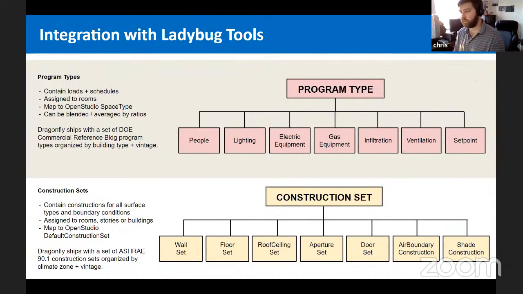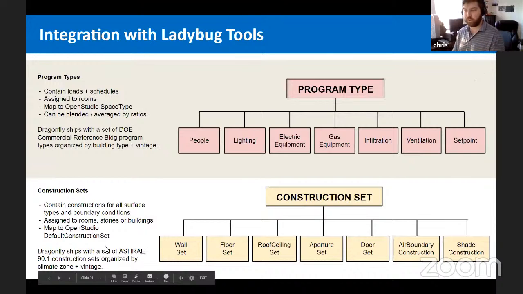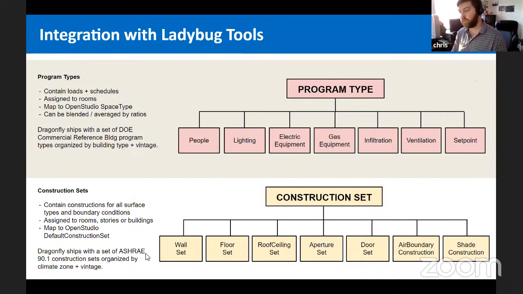Dragonfly ships with a library of standards of constructions that come from different versions of ASHRAE 90.1 and the climate zones that are associated with that. So you can apply these construction sets broadly to a set of buildings in an urban area and know that those constructions are compliant with a given version of ASHRAE or a vintage that's associated with those building types.